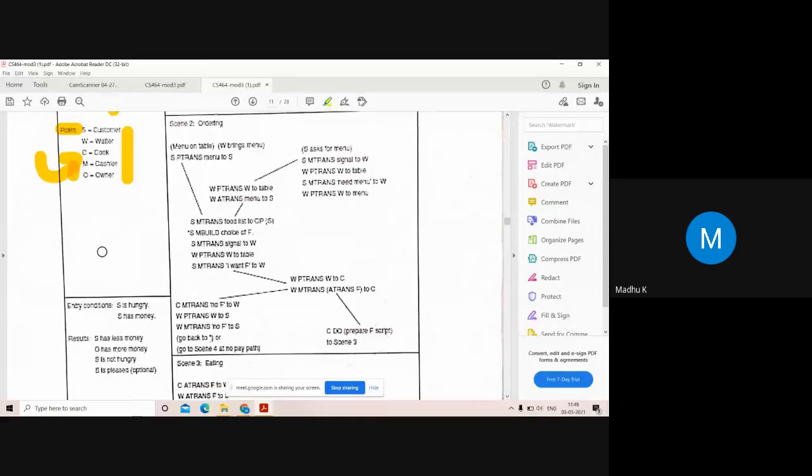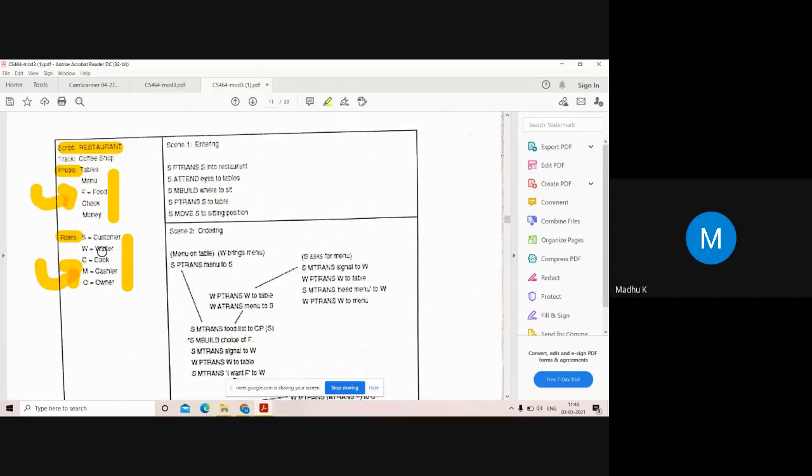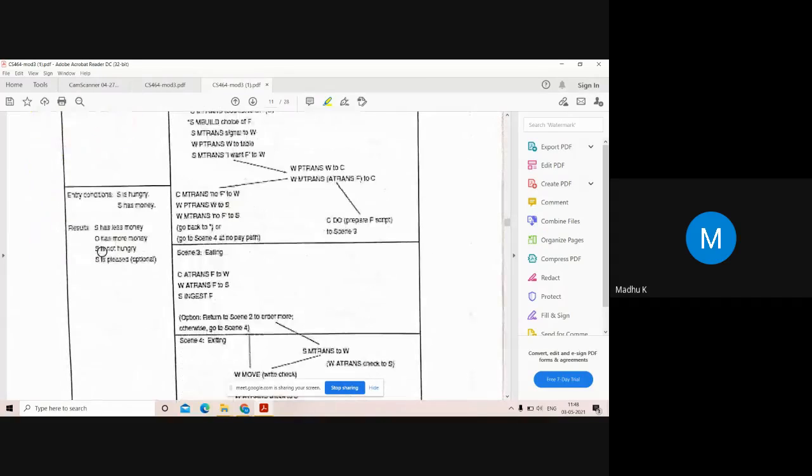Just to familiarize with the concept, another is the entry condition. What is an entry condition? For example, there is a person S. S is hungry and S has money. This is the entry condition of the script.